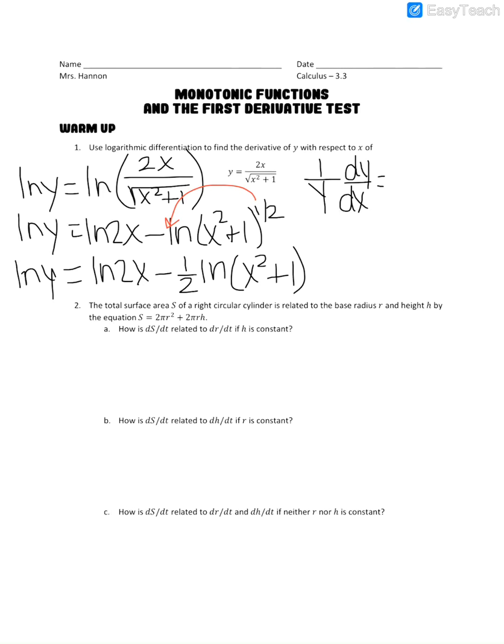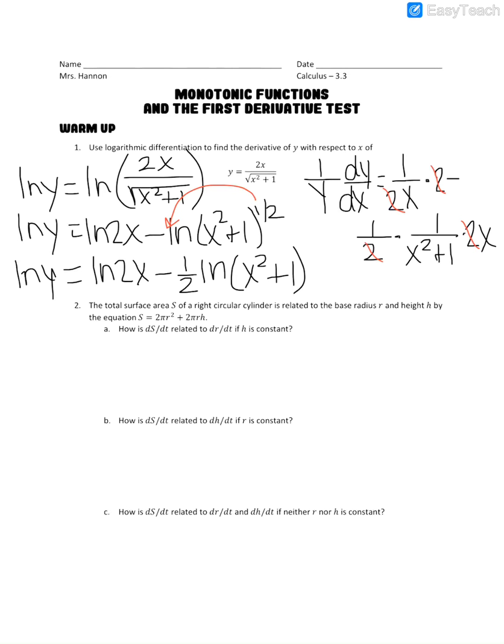On the right, I have natural log of 2x, so that would be 1 over 2x times the derivative of 2x, which is 2, minus, and then I have to go down here a little bit, a half, and then I have the derivative of the natural log of x squared plus 1, which is 1 over x squared plus 1, times the derivative of x squared, which is 2x. All right, a couple of things can cancel here, these 2's.